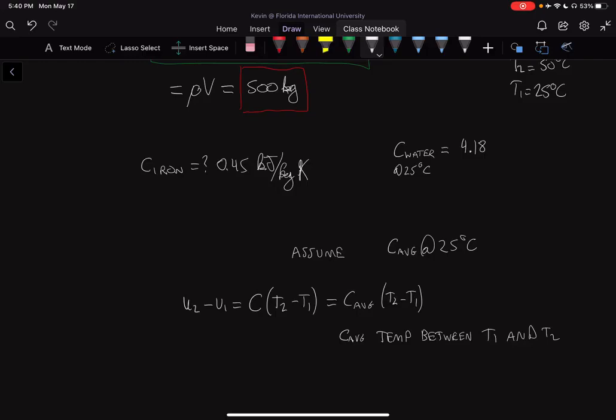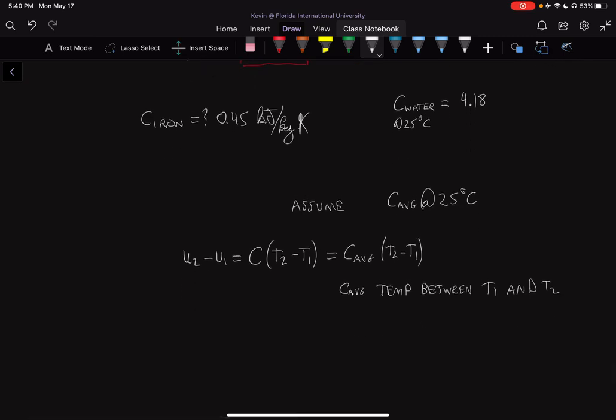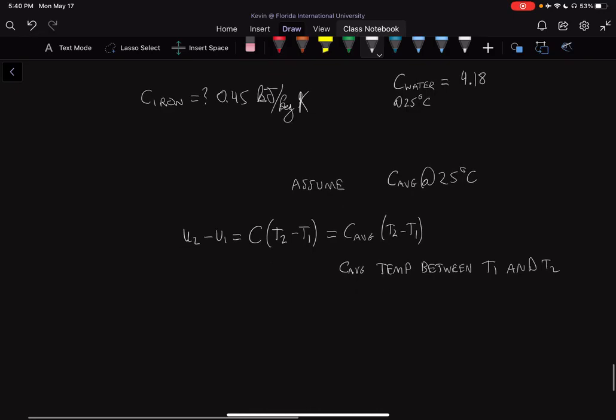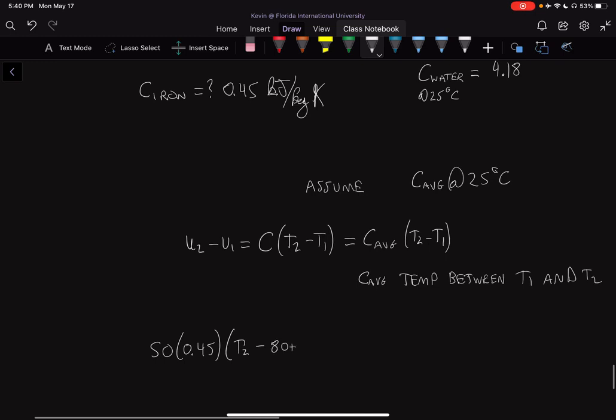Now that we have our values for C, we can write our equation out. We have 50 kilograms of iron multiplied by 0.45 multiplied by T2 minus 80 plus 273. You don't necessarily have to convert to Kelvin here, since it is a change in temperature, but I prefer using it just to make sure that we are fine with our units.